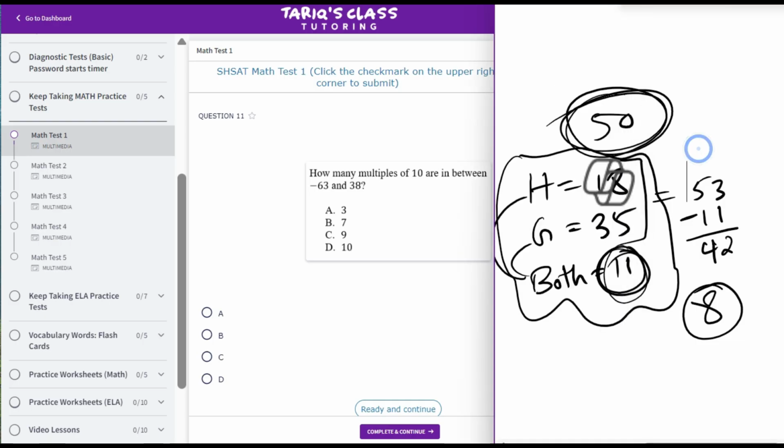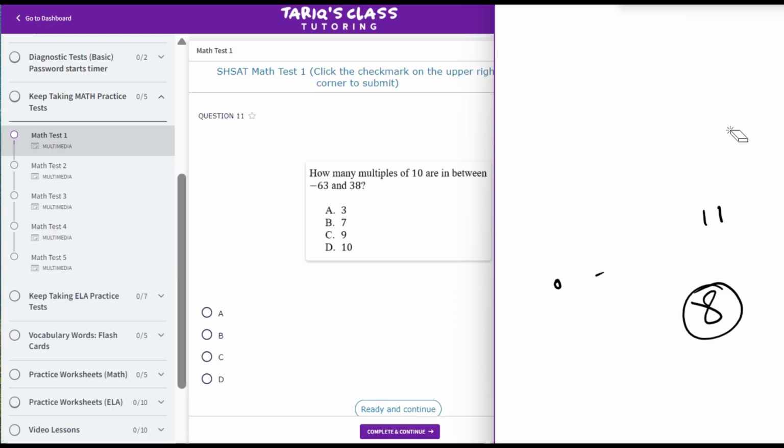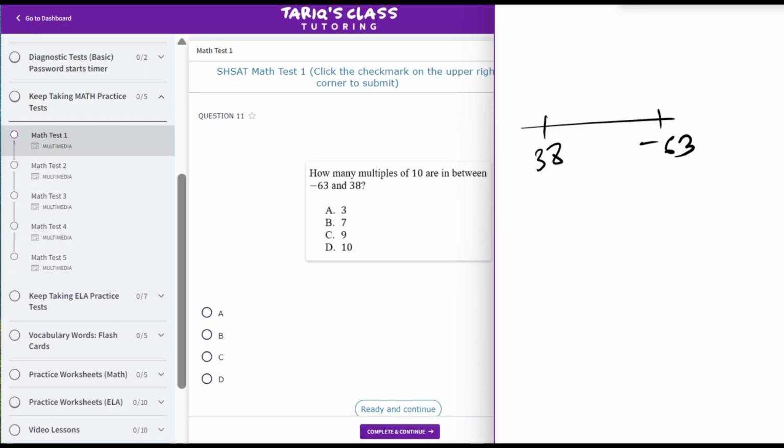How many multiples of 10 are in between negative 60 to 38? This is easy. Since the numbers are not too far apart, we can just list them very easily. So remember, this is negative 63 to 38. Okay, so what falls in between? We have negative 60, 50, 40, 30, 20.